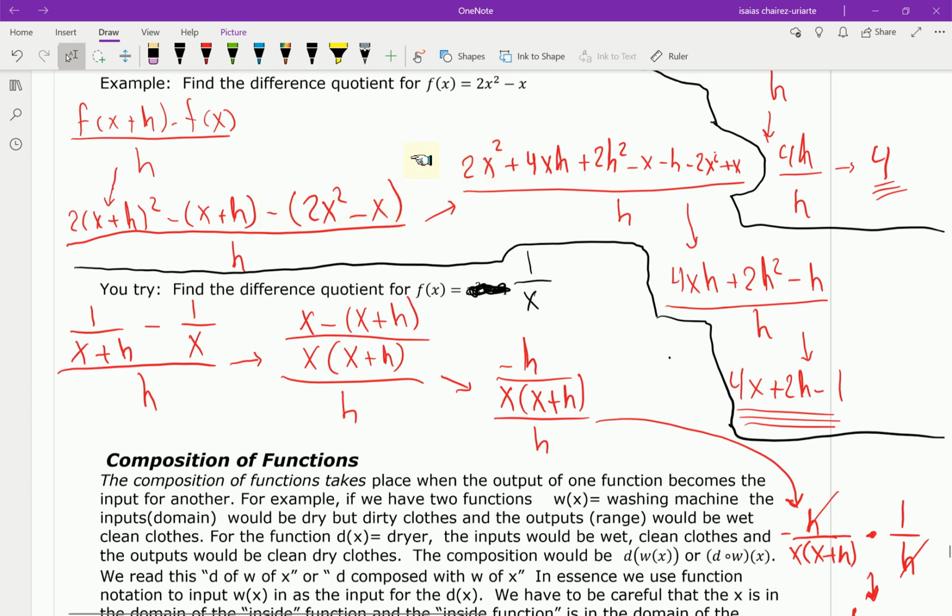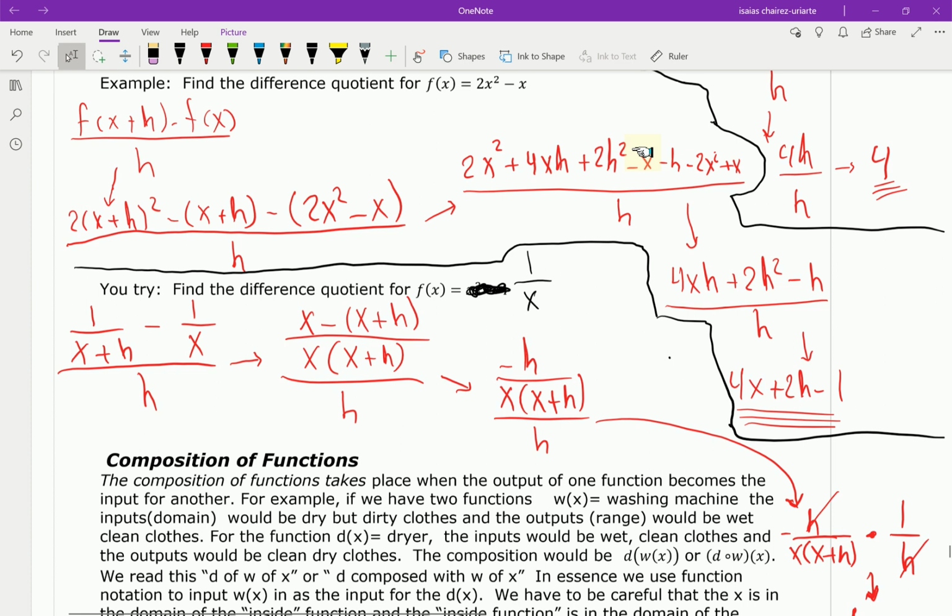So if I do that all correctly, I should end up with 2x squared plus 4xh plus 2h squared minus x minus h minus 2x squared plus x. Hopefully we agree on that. That's what happens if I distribute negatives and multiply a 2 and square things. That's what I should end up with.